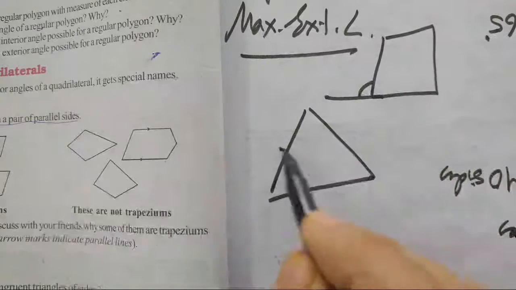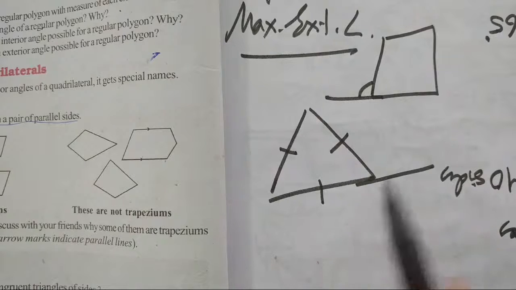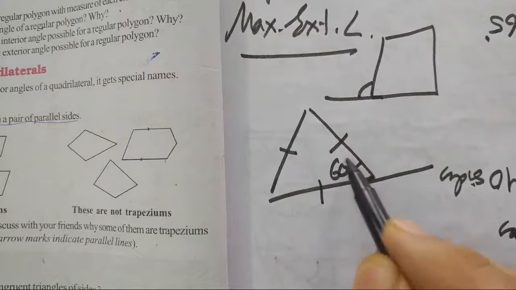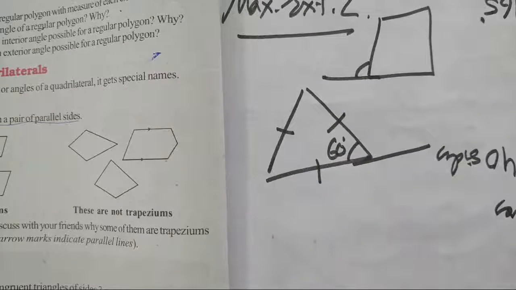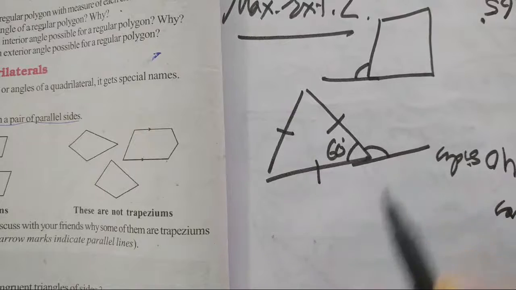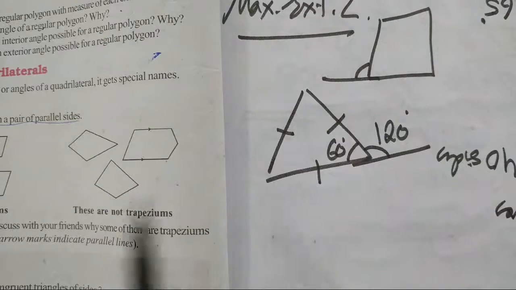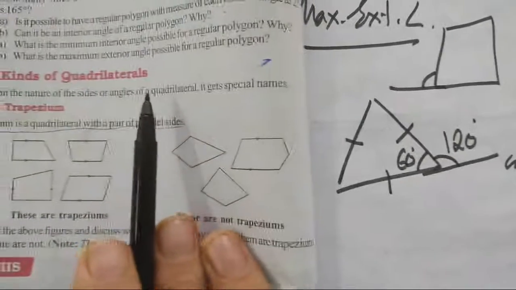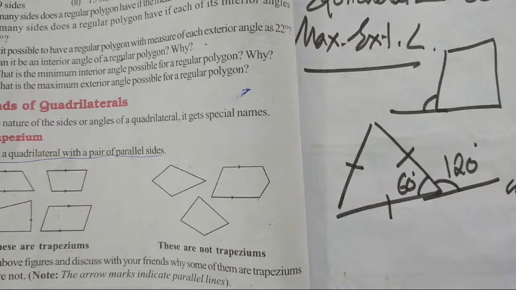If you have a regular polygon of 3 sides, then it is an equilateral triangle whose interior angle is 60 degrees. Now what is the exterior angle of this polygon? Its exterior angle will be 120 degrees. The question says, what is the maximum exterior angle possible?